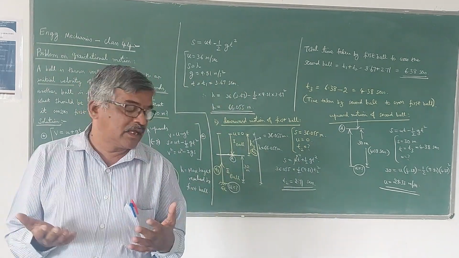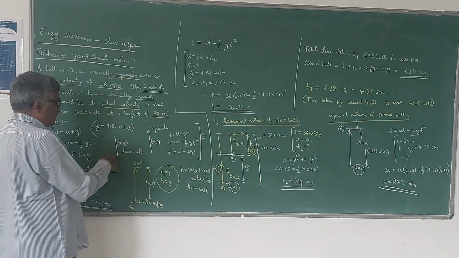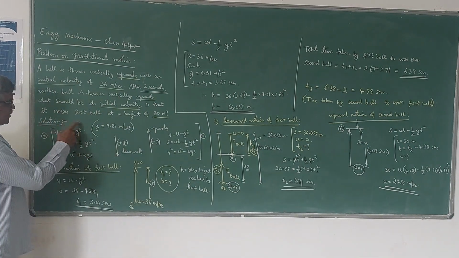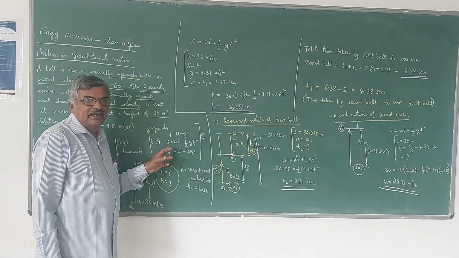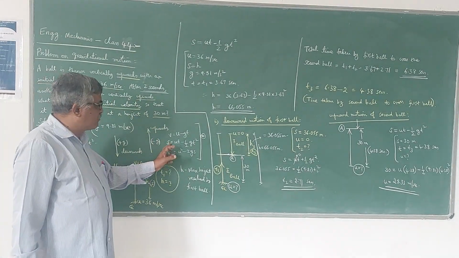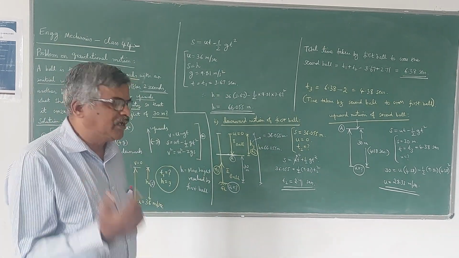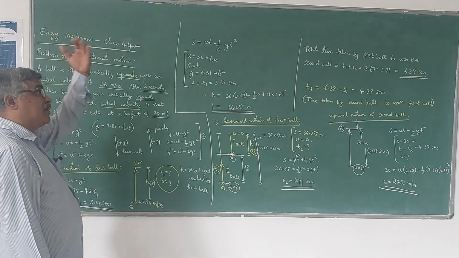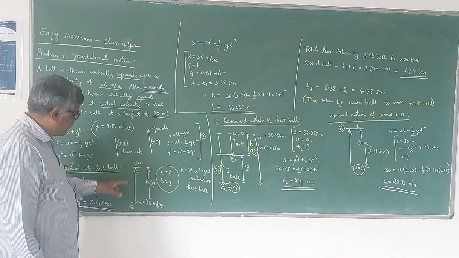If the motion is downwards, towards gravity, you take a plus in this set of equations. If it is thrown upwards against gravity, then g becomes negative, so you take a minus. Initially it will have some initial velocity, and when it reaches some height, the final velocity will be 0. That is to be kept in mind.